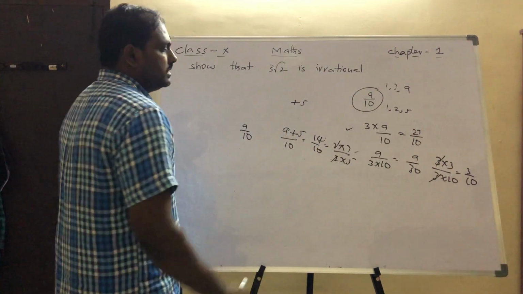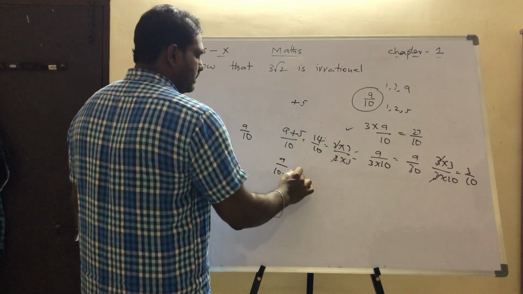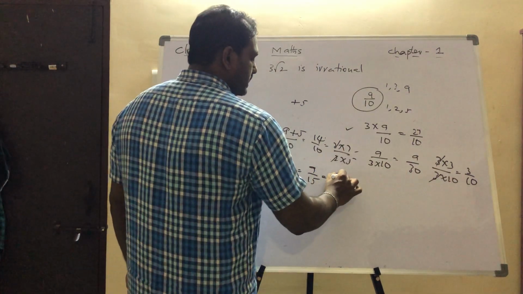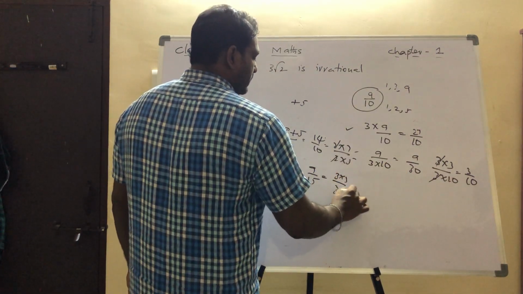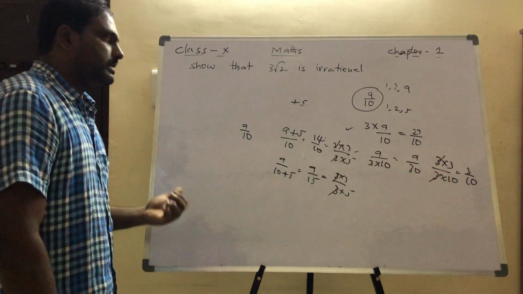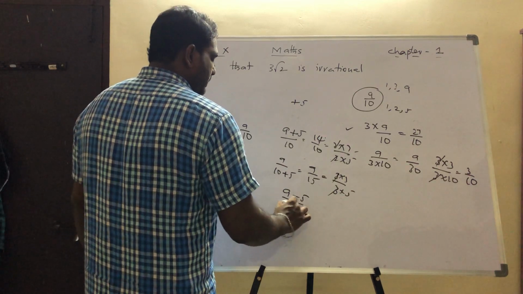7 by 5. Suppose I add 5 to the denominator, 9 by 10 plus 5. What happens? 9 by 15. So 3 threes are 9, 3 fives are 15. Now has it changed or not? Yes, it has changed. Next, I'll go for subtraction. 9 minus 5 by 10.